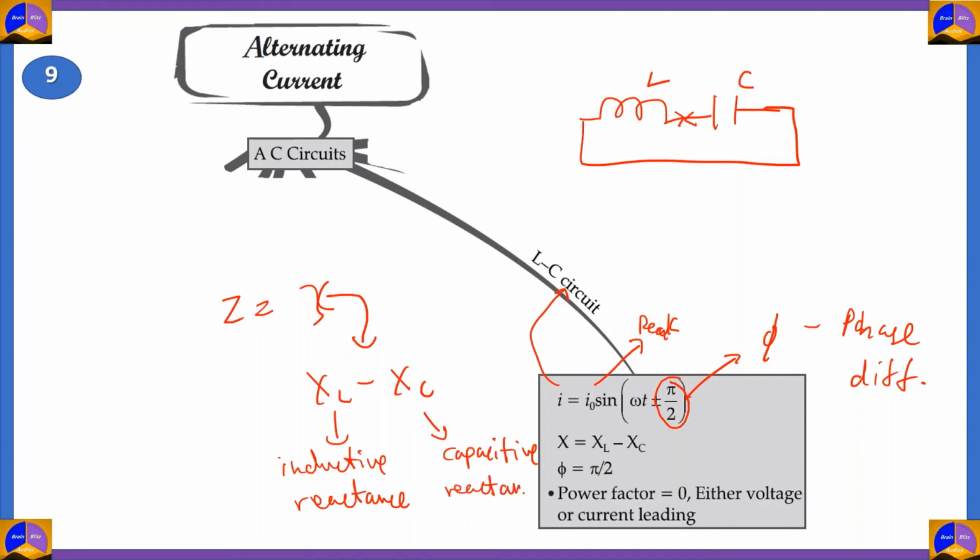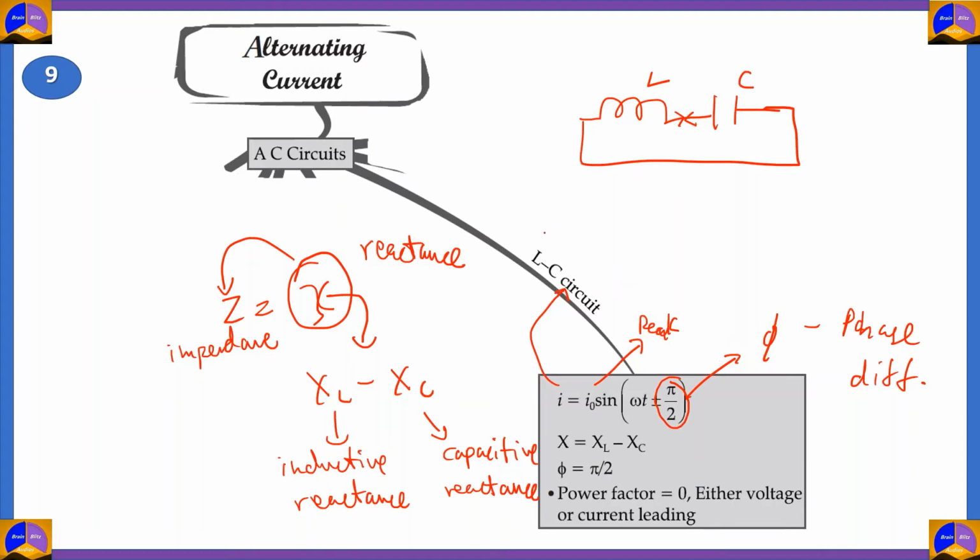We have both reactances and then we subtract them. So we subtract the capacitive reactance from the inductive reactance. And this total value of reactance X will give you our impedance Z. So Z is the impedance, while X refers to the reactance.